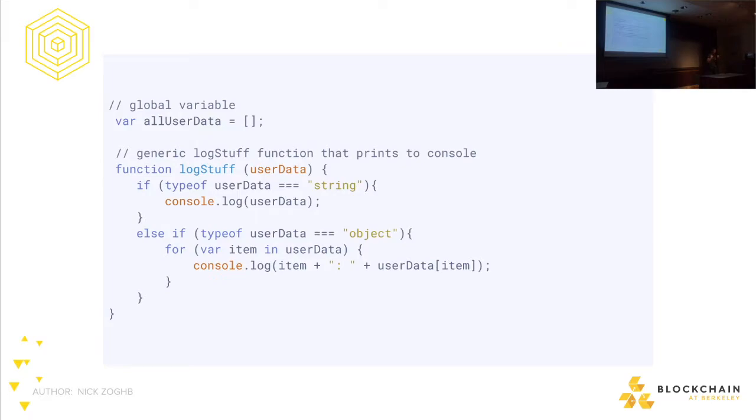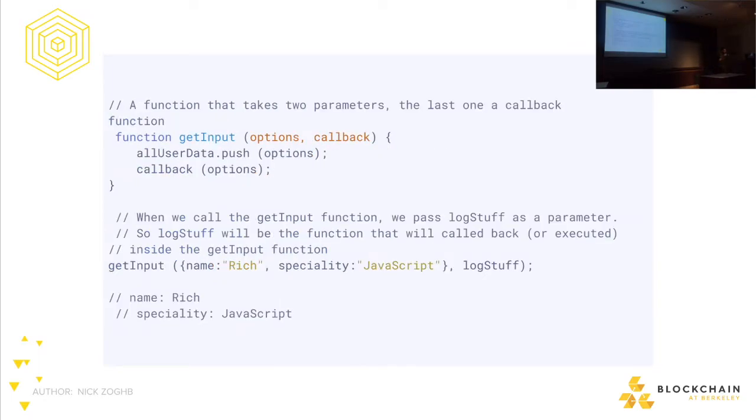Okay, and then the way you'd use it in a callback is you'd have this function, get input, and you can basically input log stuff into there if it's predefined, but you could have also just defined a nameless function within the get input that did the same thing as log stuff did.